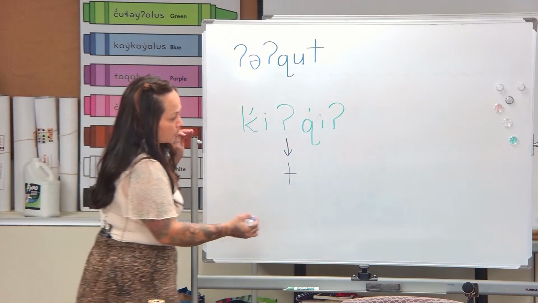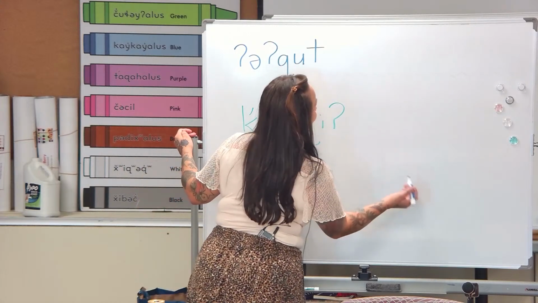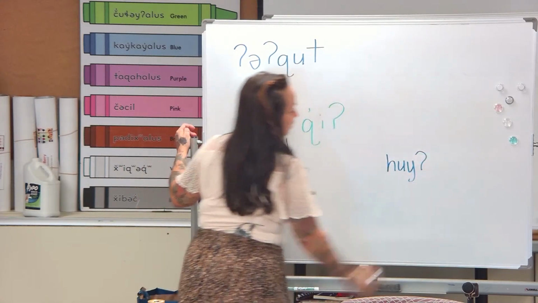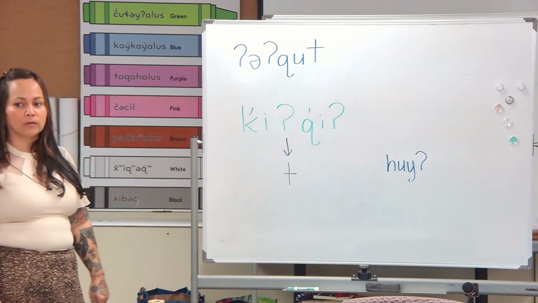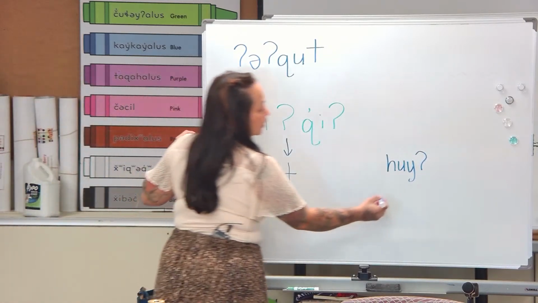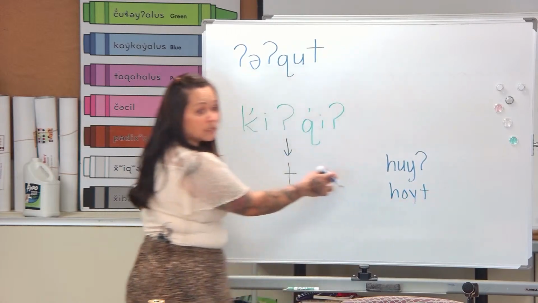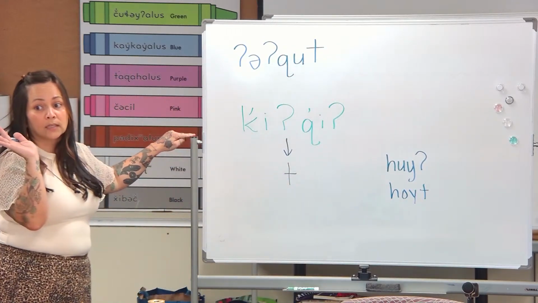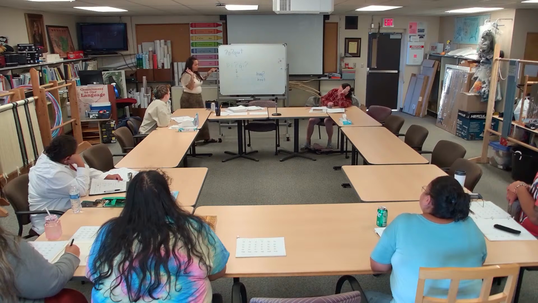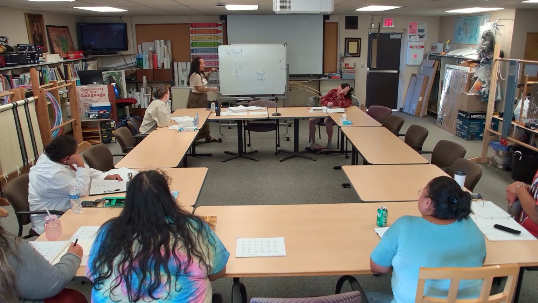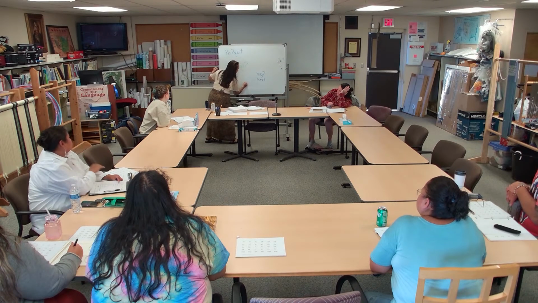Other places where this comes up, everybody knows this one. Hoit. How many people have either spelled it this way or have seen it spelled that way? I've seen it like that. I used to write it like that until I started working here. And then another one where we noticed that.